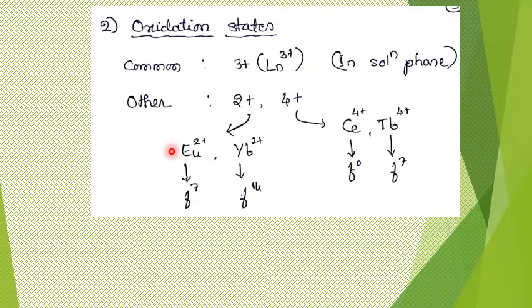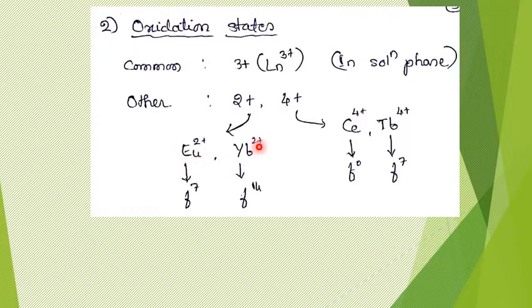The ground state electronic configuration of europium is 4f7 6s2. In the 2+ oxidation state, we just remove 2 electrons from 6s. That leaves the system as 4f7. 4f7 being exactly half filled, europium can show an oxidation state of 2+, right?